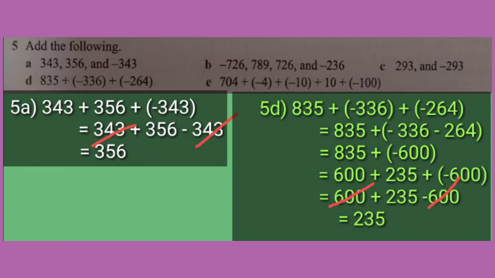That is 835 plus minus 600. Now split 835 into 600 plus 235. That is 600 plus 235 plus minus 600, which equals 600 plus 235 minus 600. Now cancel the positive 600 and negative 600, we will get the answer 235.